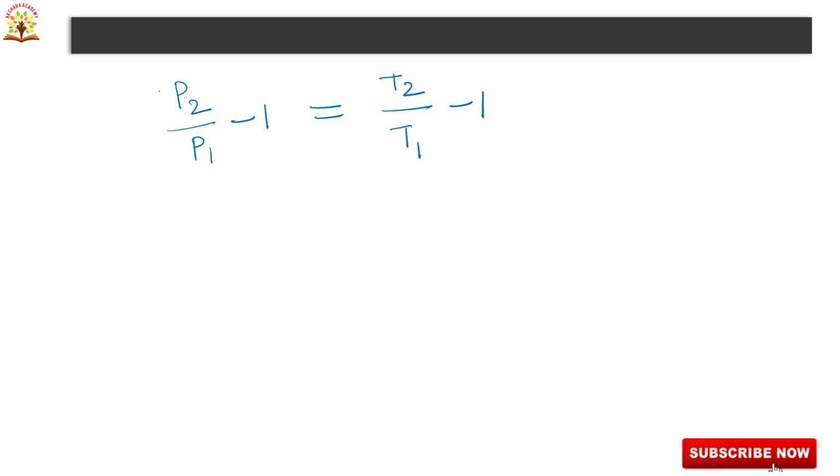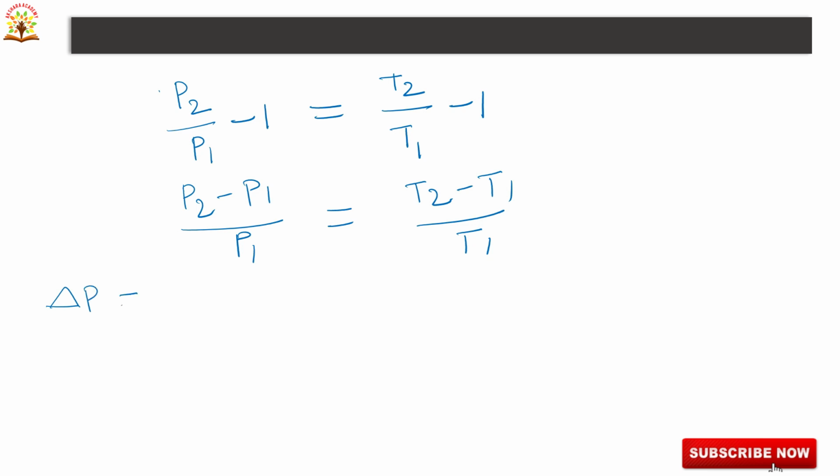Now taking LCM, P2 minus P1 by P1 is equal to T2 minus T1 by T1. Now P2 minus P1 is equal to delta P. So delta P is equal to, taking cross multiplication, T2 minus T1 by T1 into P1.